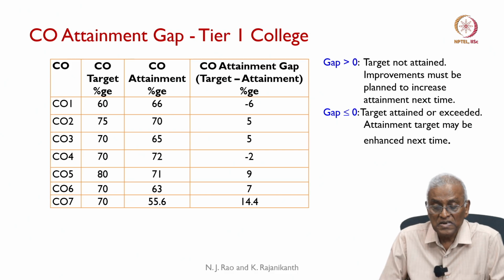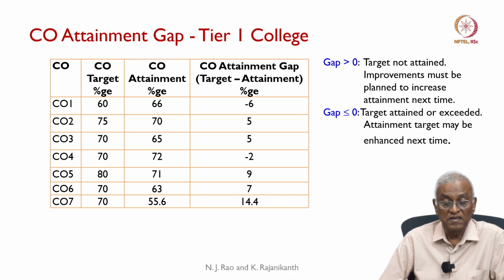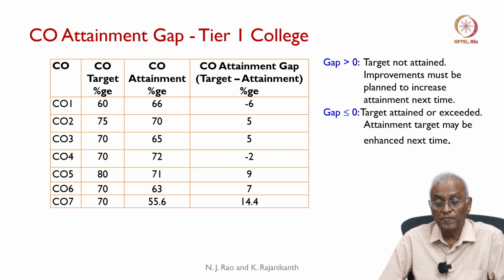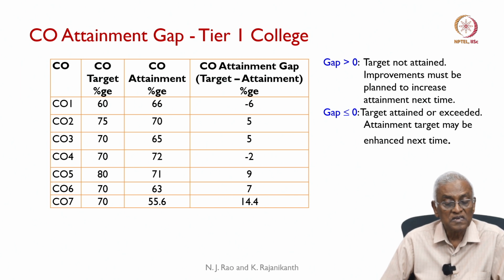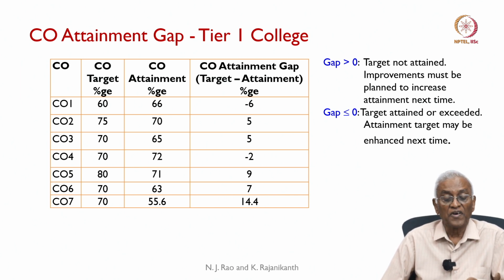And if gap is less than 0, that it is negative, as it happened in the case of CO1 and CO4, a target attained is exceeded, attainment target may be enhanced next time you offer the course. So next time the target is raised from 60 to, let us say, 65, or maybe even 70.